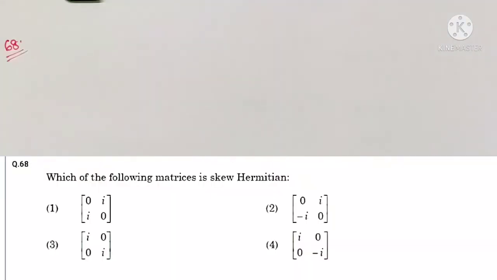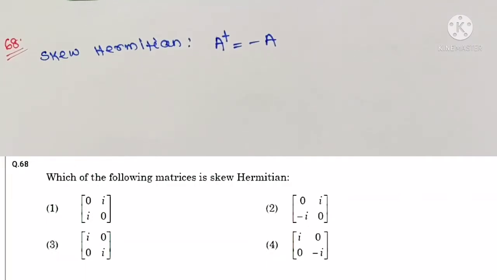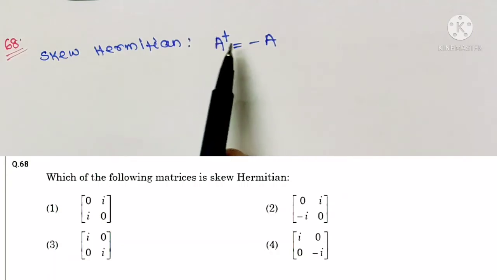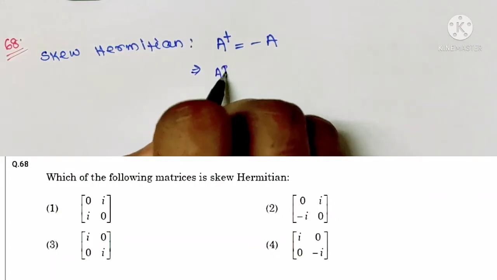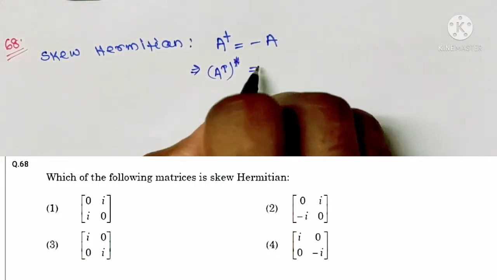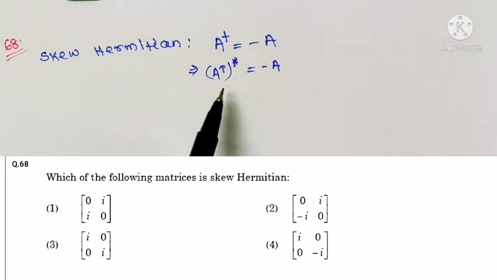Question number 68. Which of the following matrices is skew Hermitian? We know a matrix is said to be skew Hermitian if it satisfies this relation, that is A dagger equals minus A, or you can say A transpose conjugate equals its negative. Transpose of a matrix can be obtained by interchanging rows into columns or columns into rows.